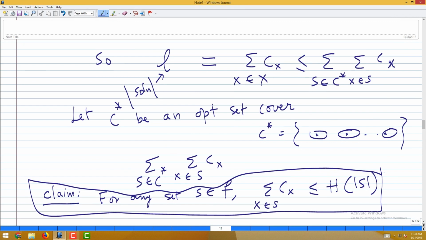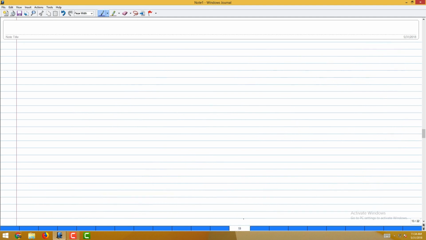But if I prove this, what happens? Then this thing is upper bounded by H of S, right, after I prove this claim. And this is upper bounded by H of max of S. So, let me write again.